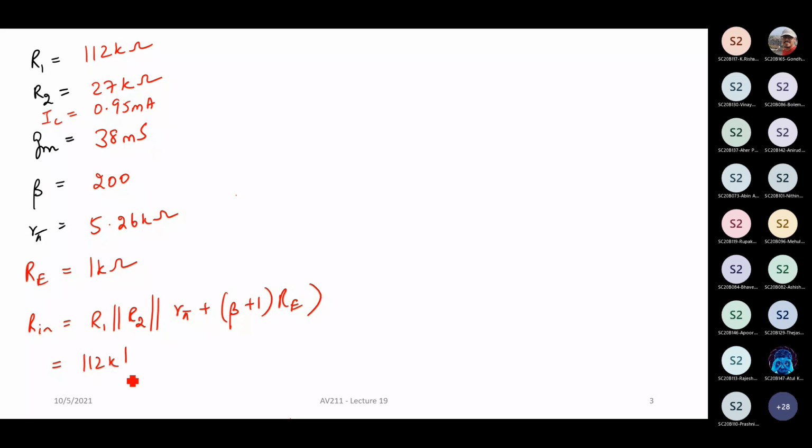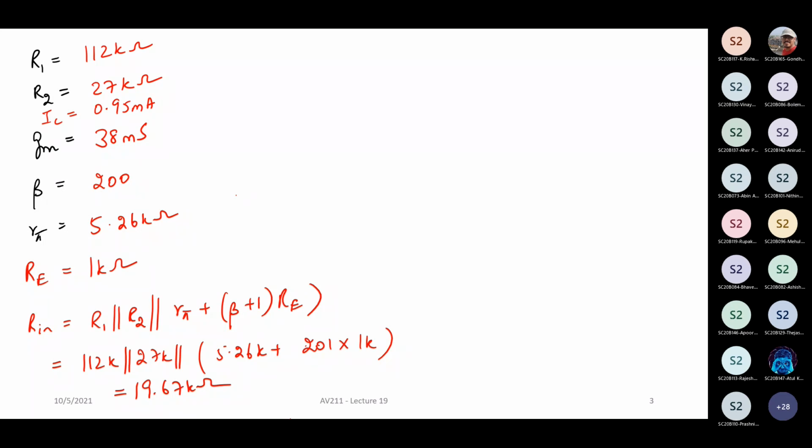So this becomes 112K parallel to 27K parallel to R pi, which is 5.26K plus, let's say, 201 times 1K. All right, so how much do you get? You can take 1 over 112K inverse plus 27K inverse plus 5.26K plus 201 into 1K, the whole inverse. You get something, and then you take the full inverse, you get 19.67K, something like that, right?